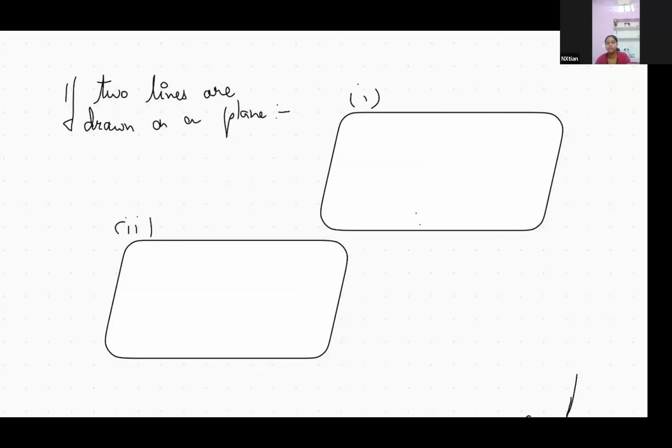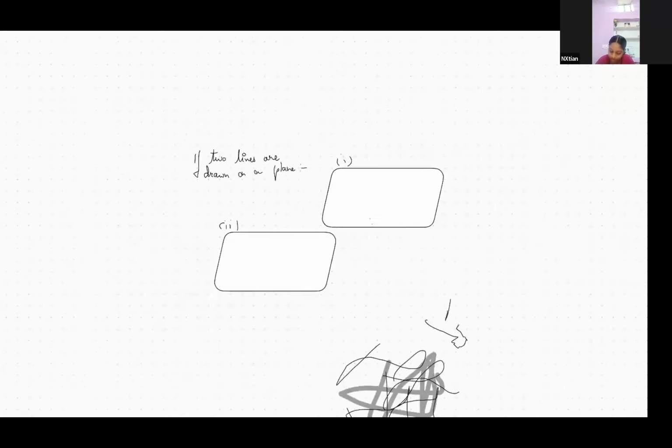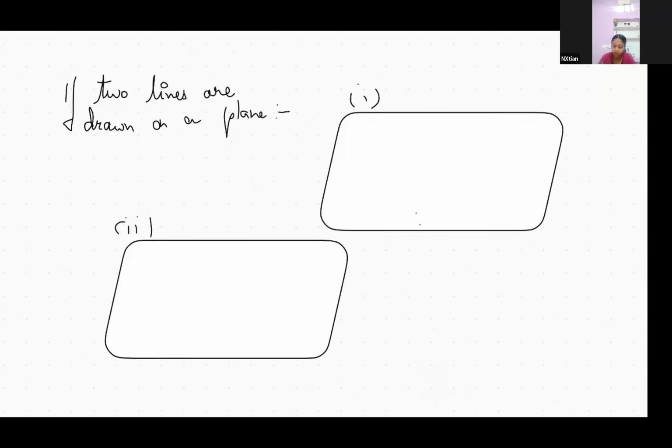In the first one, if two lines are drawn on my plane, what happens? They can intersect. Okay, the first case they can be intersecting lines.